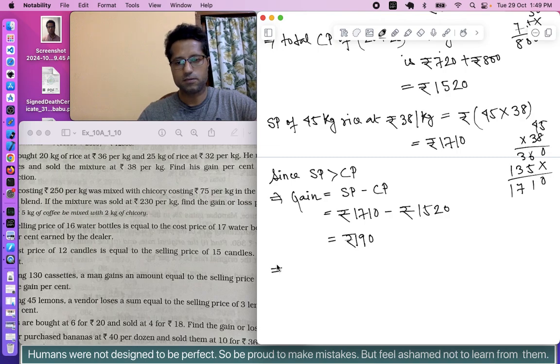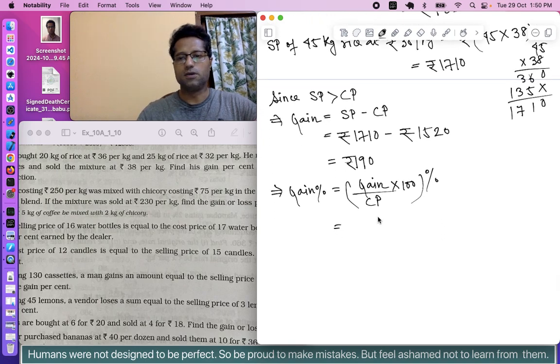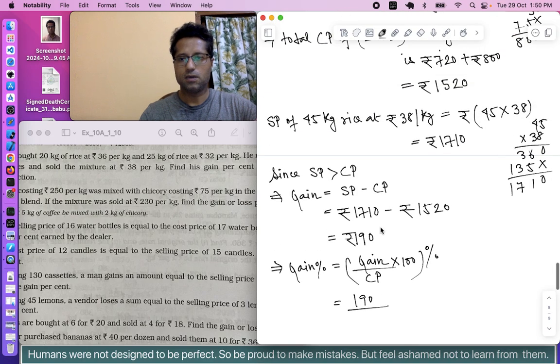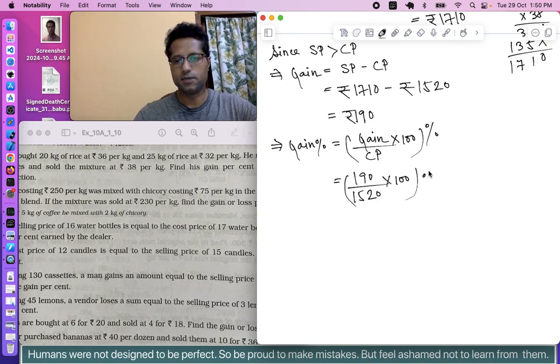So this implies gain percent, we know, is gain divided by CP multiplied by 100 percent. Gain is 190 divided by CP, which was 1520, and we multiply by 100 percent.